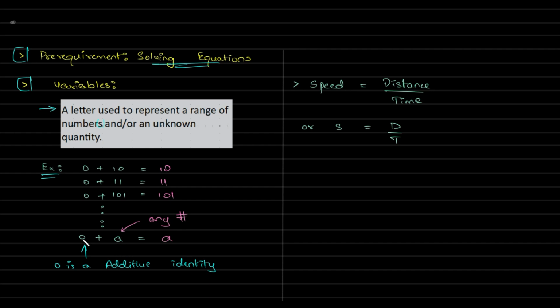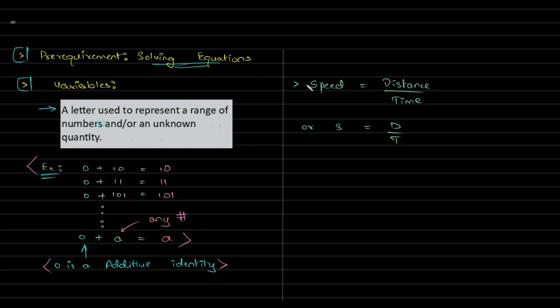When added with 0 will give me the same number back, and that's why 0 is called additive identity. So I'm talking about a particular situation. Mathematically, how do I represent it? I just wrote that. We have just written this over here. Is it not? It's not that hard.